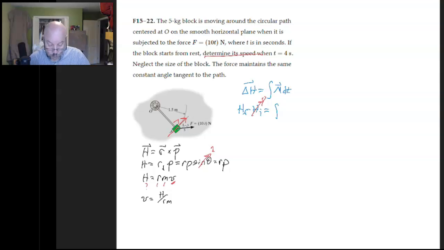Now, what I need is a moment, which is an r cross an F. In this case, we could say it's rF if we adjust for the angle in between the two. So we need the amount of the thrust that is in this direction right here. And that's going to go as 4/5 onto the 10t.